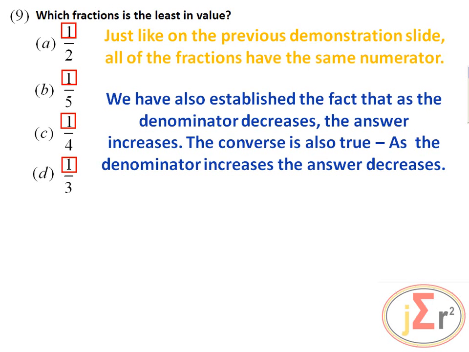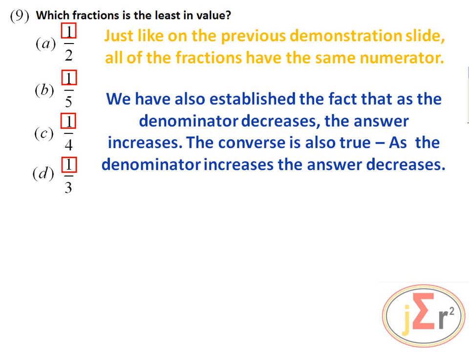Right. So which one will have the least value then? No. Option B. B. Right. Option B will have the smallest or be the least in value.